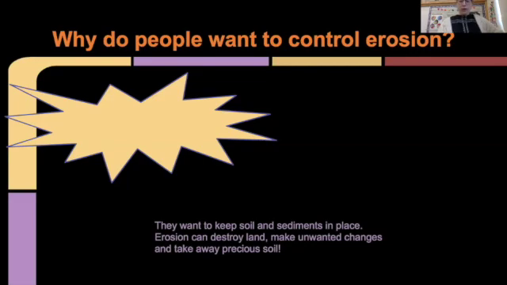Erosion can destroy land, make unwanted changes, and take away precious soil. We also talked about how erosion can destroy land. We talked about how it's not safe. We talked about how it changes the shape of places that they didn't want the shape of the land to change. Right? Think about people that live along the beach. So anything like that would have earned you 5 points.